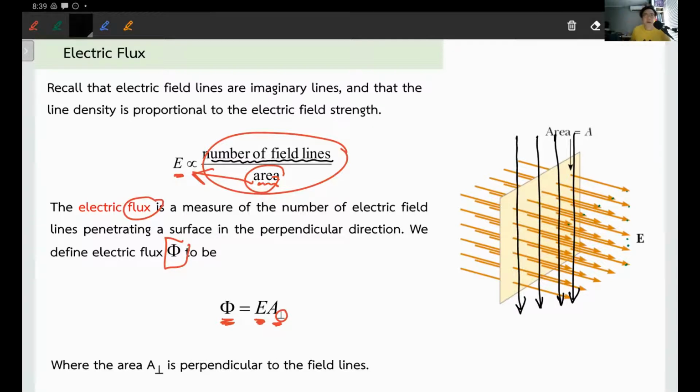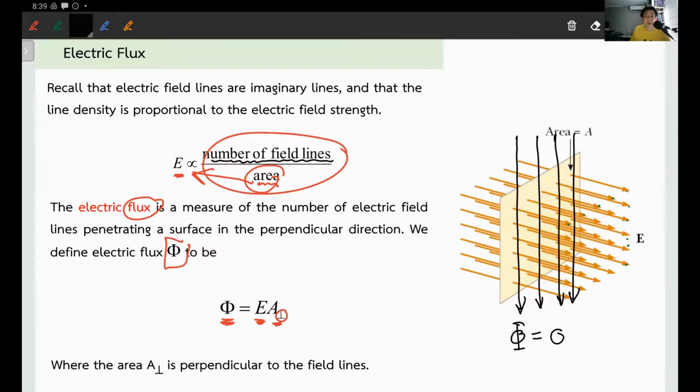What do you think? So if those lines point parallel to the area, not perpendicular, how many lines are actually going through this area? You say, well, Ajahn, this will give you 0 because it's not going through.